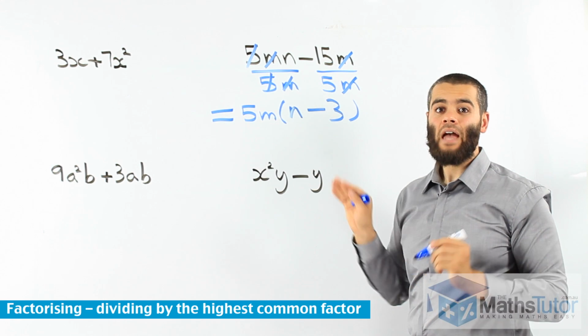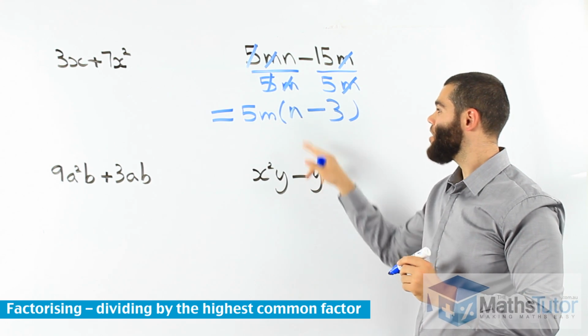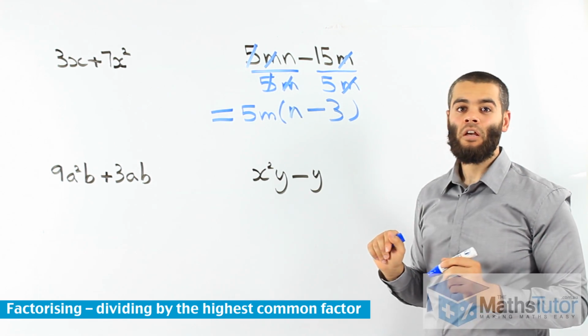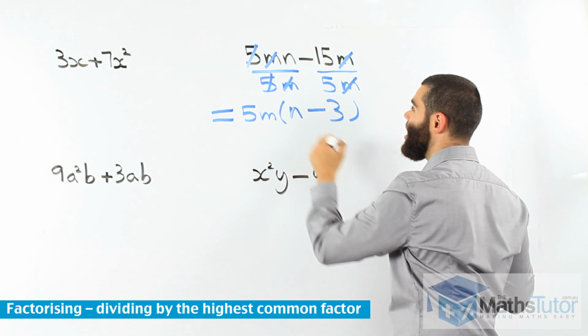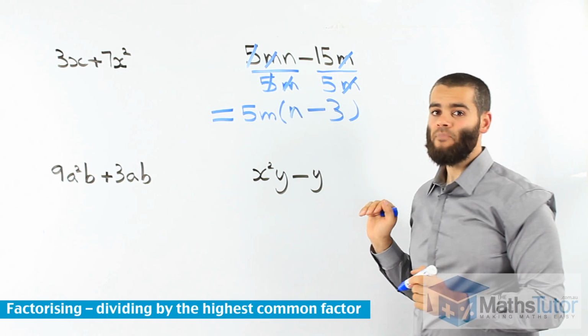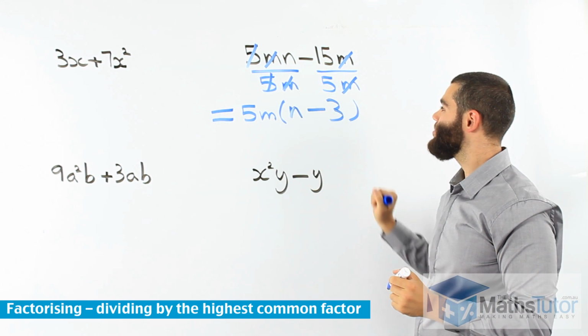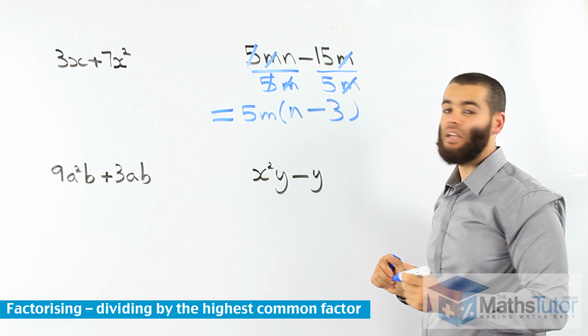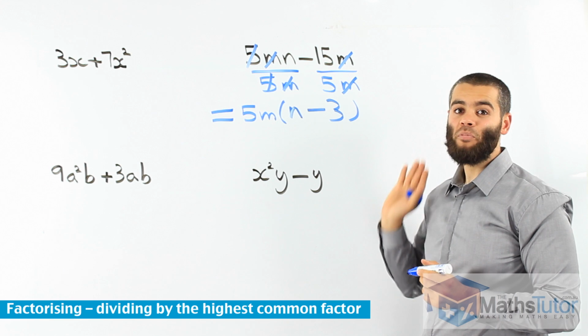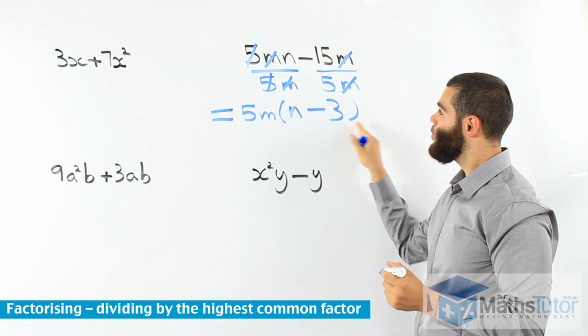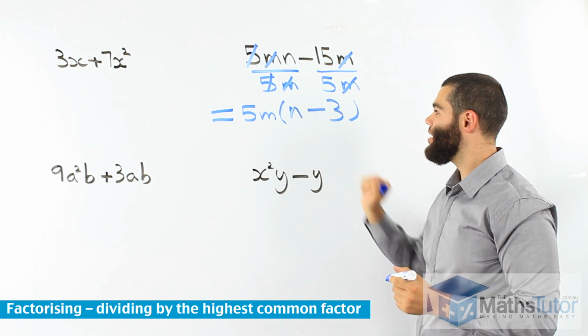So finally, our answer is 5m, open bracket, n minus 3, close bracket. Did we do it right? We can check 5m times n, 5mn, and 5m times negative 3, negative 15m. So here we can see that expanding is the opposite of factorizing, and we look for the highest common factor and we can get it right.